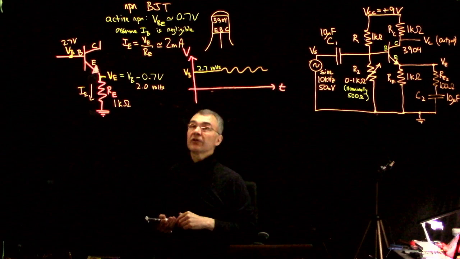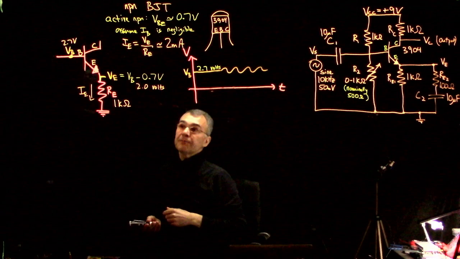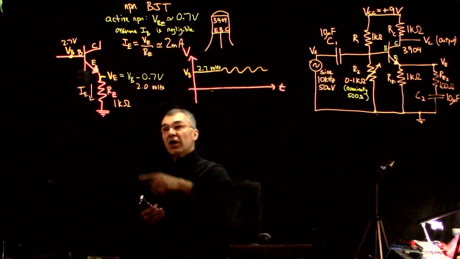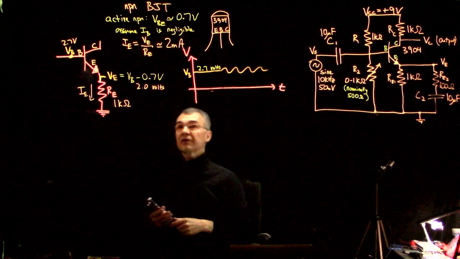It only changes very, very slowly as a function of, let's say, the base current or the collector current. So if you have VB go up by delta, then VE goes up by that same delta, and then IE goes up by that same delta divided by RE.